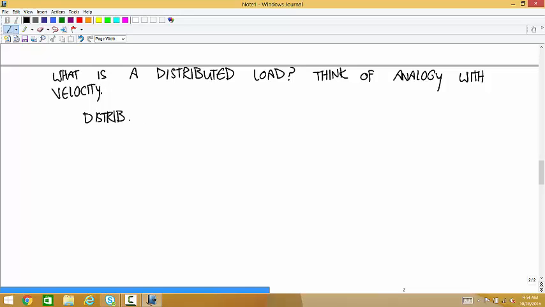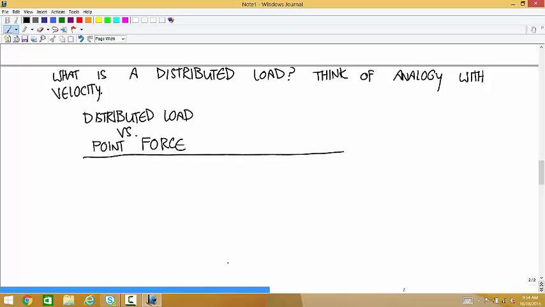On the left, distributed load versus point force. And on the right is velocity versus displacement.